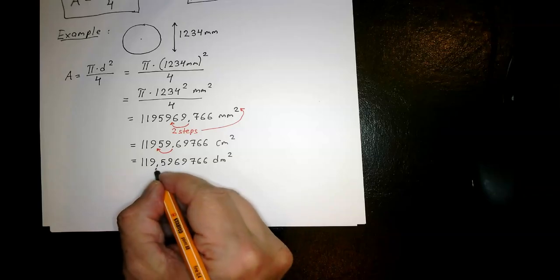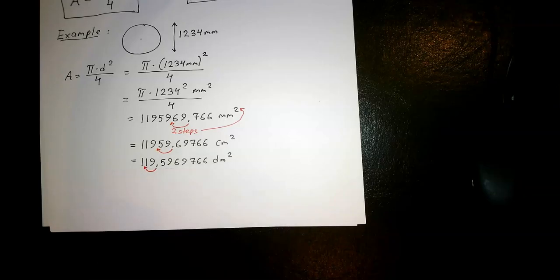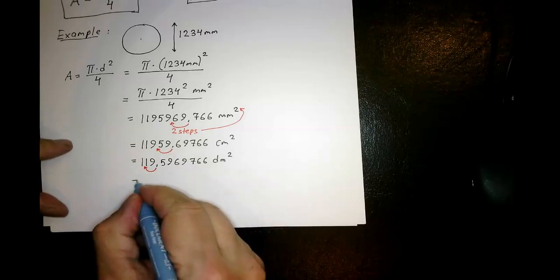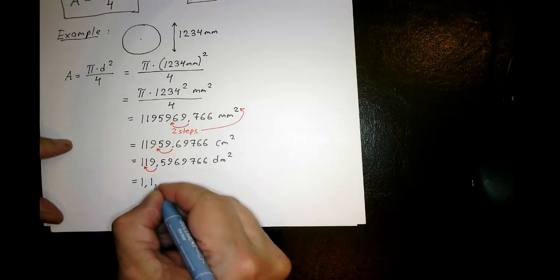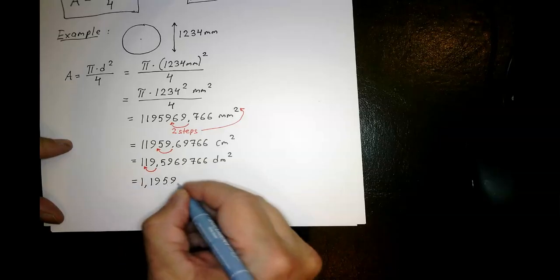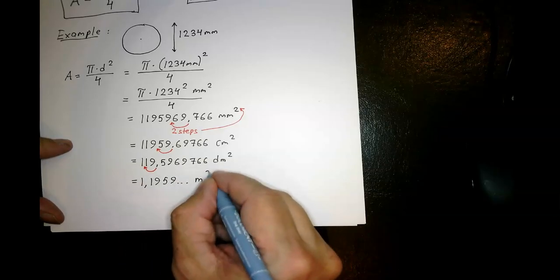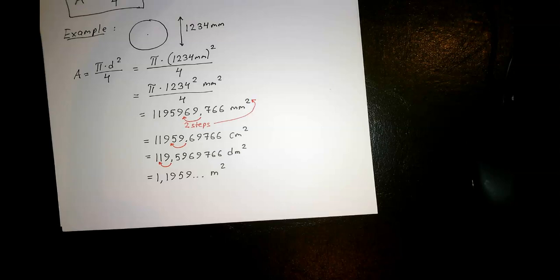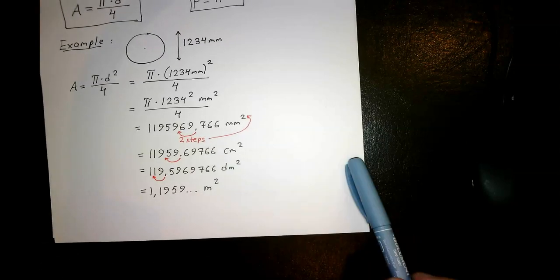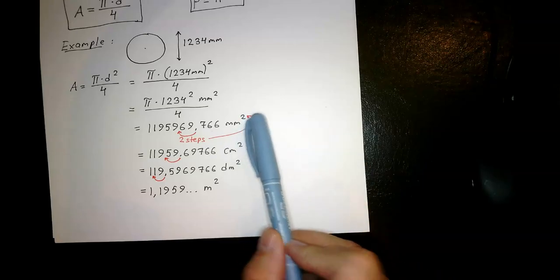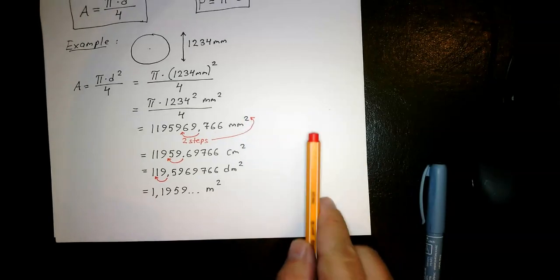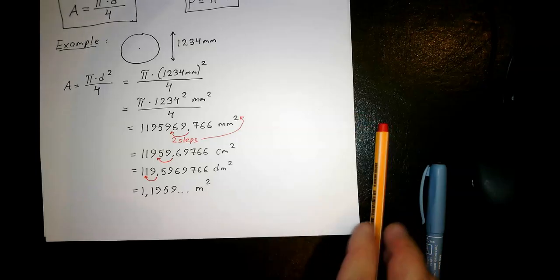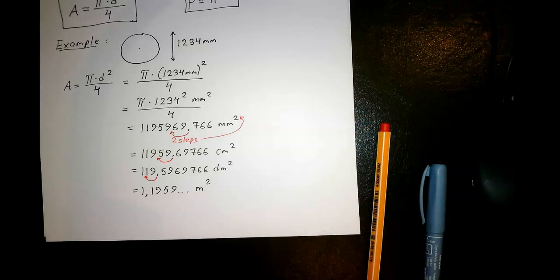So the dot will move there, and it will be 1.19565, etc. I'm writing the whole figure there. So it is important to notice that the exponent of the unit tells how many steps the dot moves.